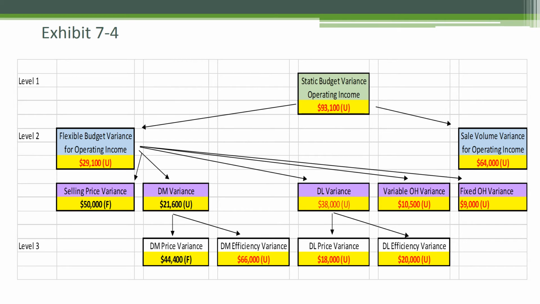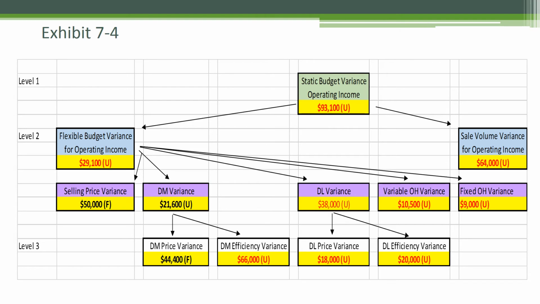And for direct labor, once again, we also had a direct labor price variance versus a direct labor efficiency variance. Once again, that was looking at what we actually paid for our labor. If you remember right, the $22 an hour versus the $20 an hour. And our efficiency variance, which was the 9,000 labor hours versus the 8,000 labor hours.